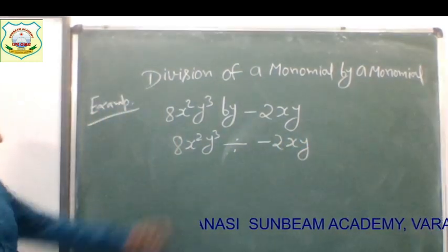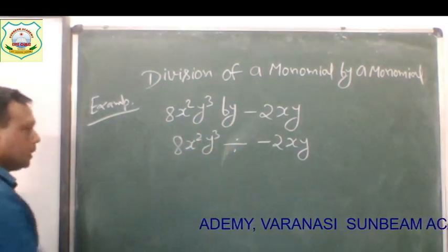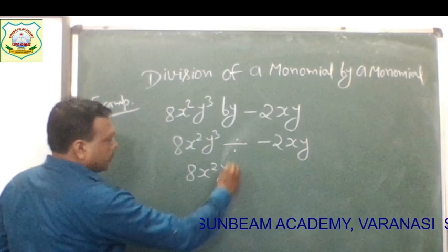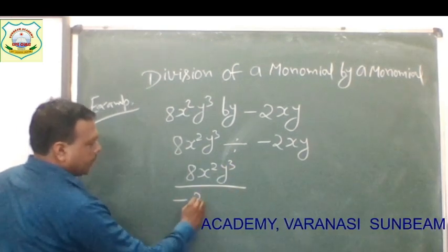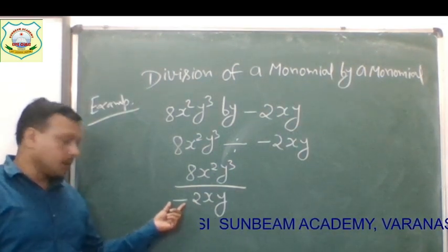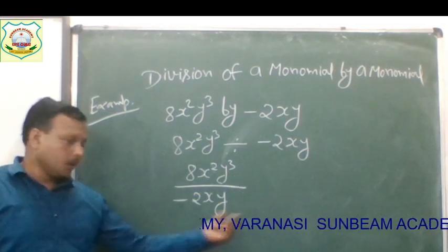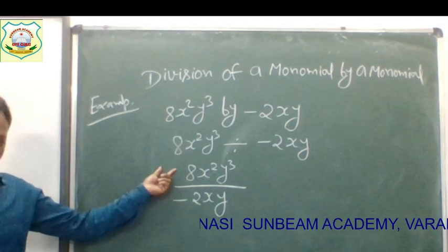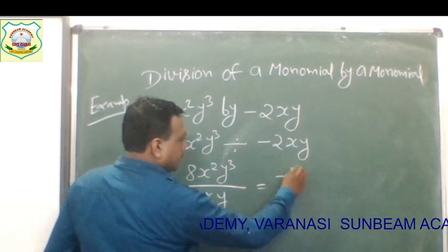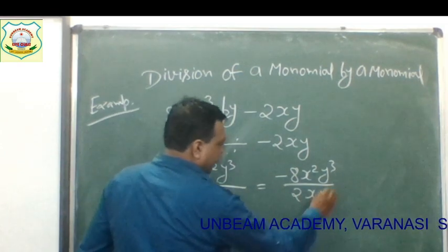Because the meaning of divide, we will write in place of divide the fraction form, 8x square y cube upon minus 2xy. You know, we cannot write the minus in the denominator, so we always multiply by minus 1 and minus 1, so automatically minus will come in the numerator part, so there is no need to show it, we can write directly minus 8x square y cube upon 2xy, because this is the standard form.